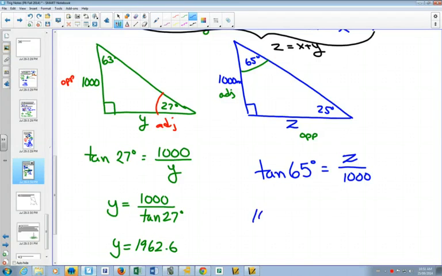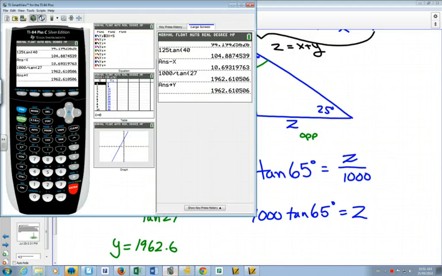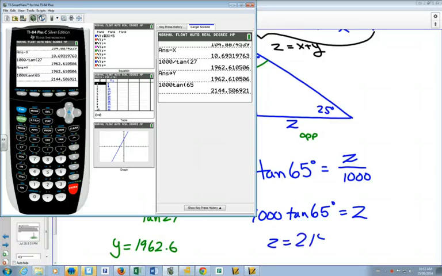Multiply both sides by 1,000. 1,000 tan 65, and we get 2144.5.